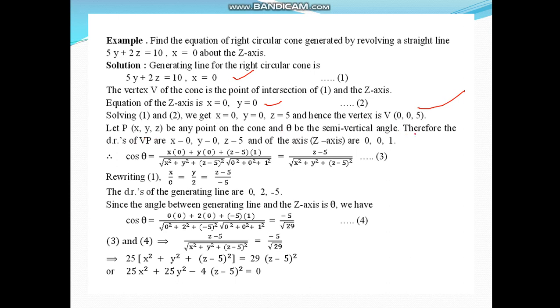Theta is semi-vertical angle. So we can find DRs. We can find cos theta. Rewriting this equation, DRs of generating line is 0, 0, minus 5. Since the angle between generating line and z-axis is theta, we can find cos theta again by same formula. On simplifying, we get this result.